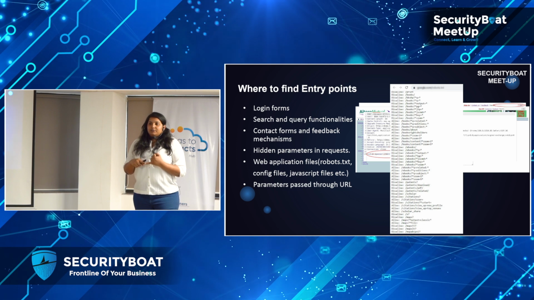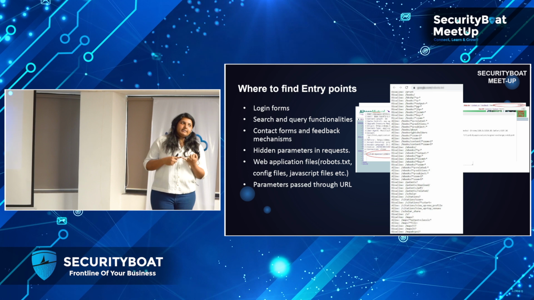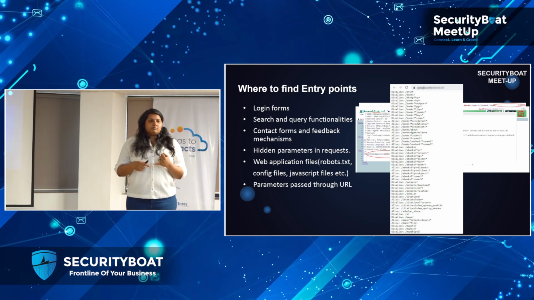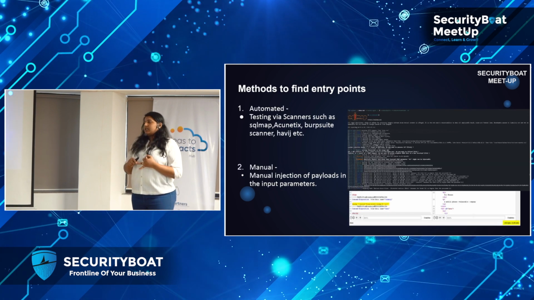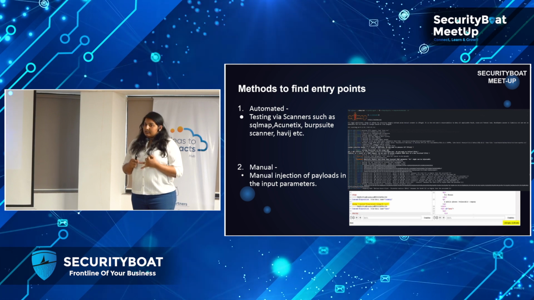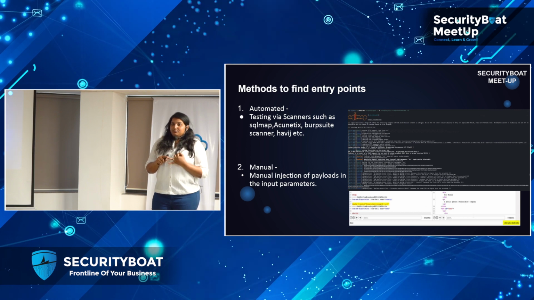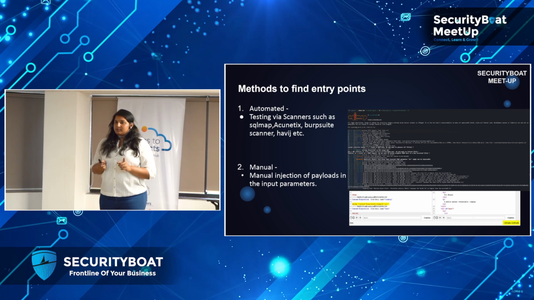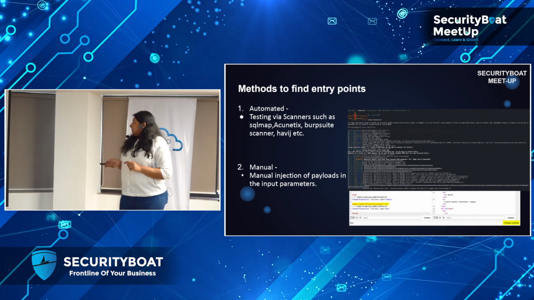Sometimes the user agent from the request is processed at the database level, and that also leads to a security concern, which leads to SQL injection. Apart from that, you can also test the session cookies. If those are not checked for input validation, again they will give you the SQL injection possibility and information from the database.